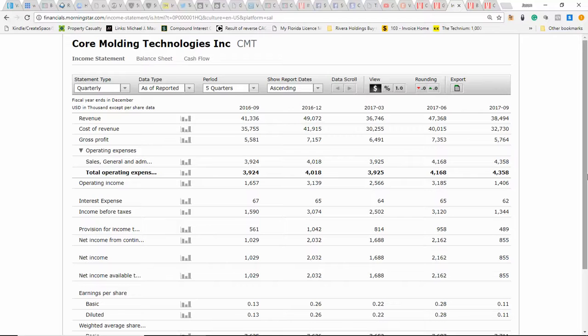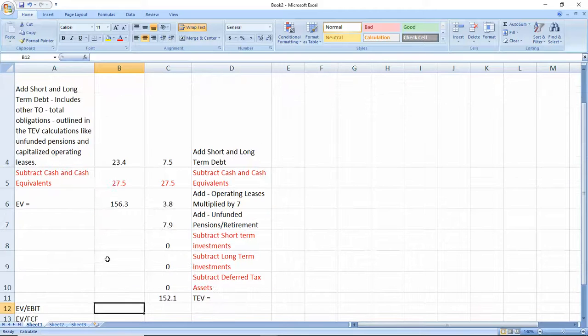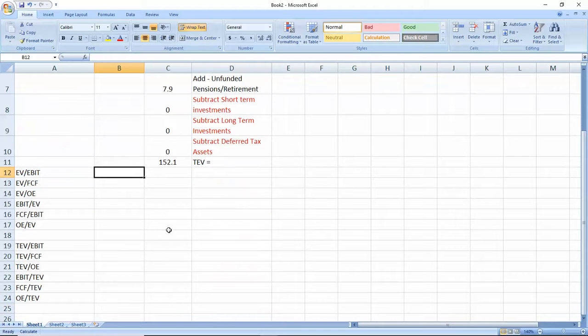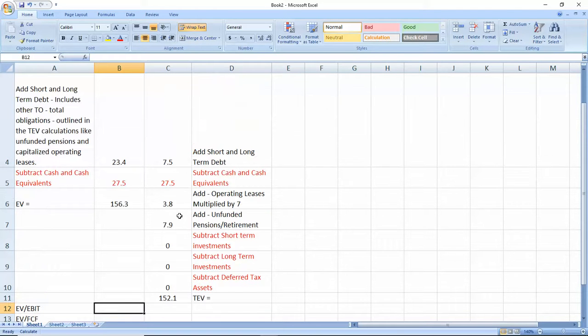So we add 1.4 plus 3.2 plus 2.6 plus 3.1 equals 10.3 in the trailing 12-month period. So EV was what? 156.3 divided by 10.3.